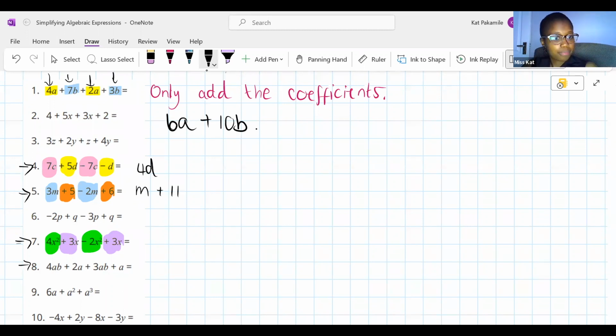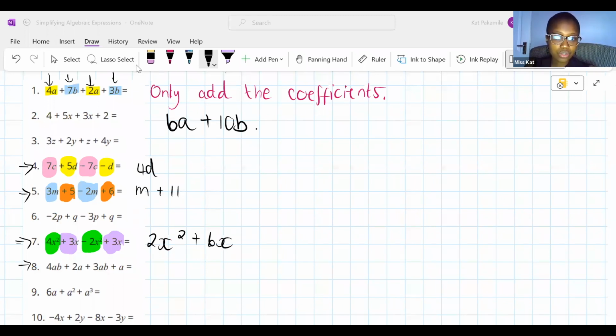Ma'am, I don't know. 4 minus 2. Forget about the variables for now. What's 4 minus 2? It's 2. So it's going to be 2x squared. And what's 3 plus 3? 6. Plus 6x. You see? Oh, yeah. You feel better about it now? Yes, ma'am. Beautiful. I love it.